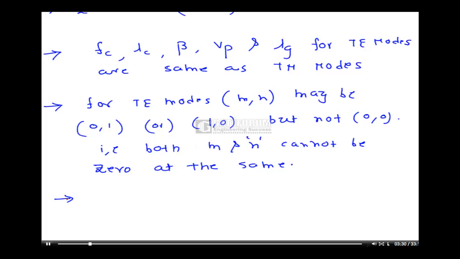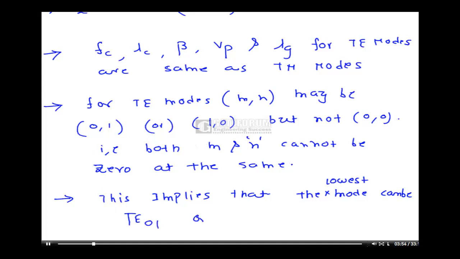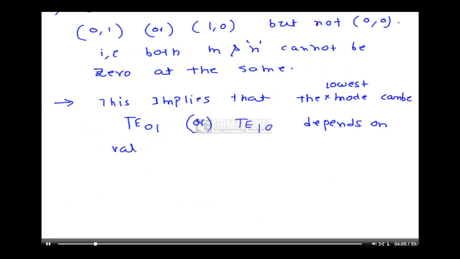So what is the lowest possible mode? This implies that the lowest mode can be either TE01 or TE10, depending upon values of a and b.